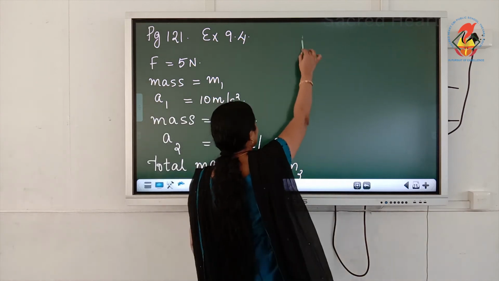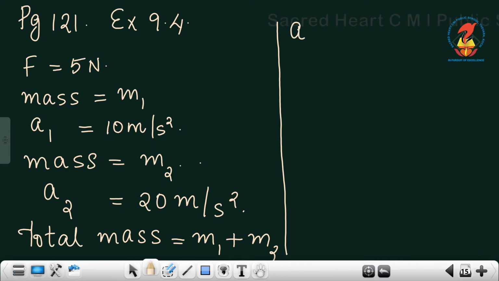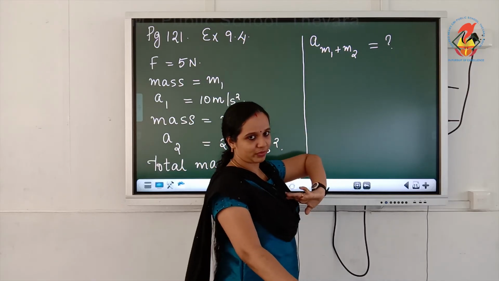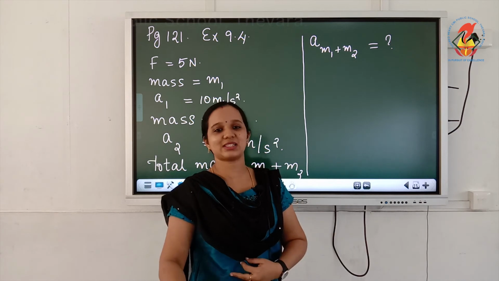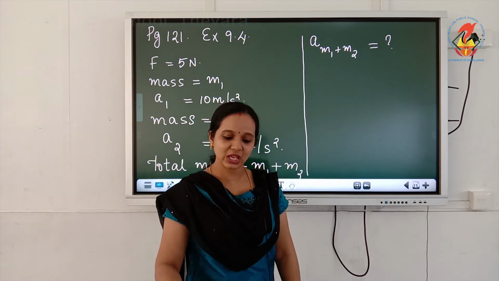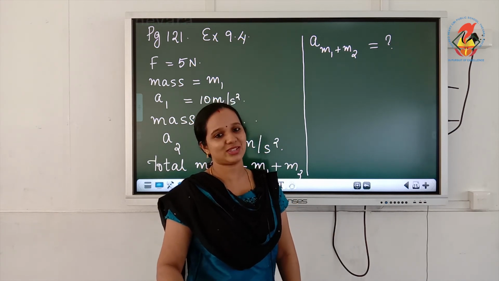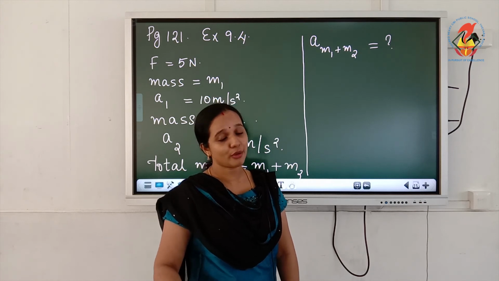The question is to find the acceleration when both the masses are tied together. Then what will be its acceleration? This is the question that we need to find.